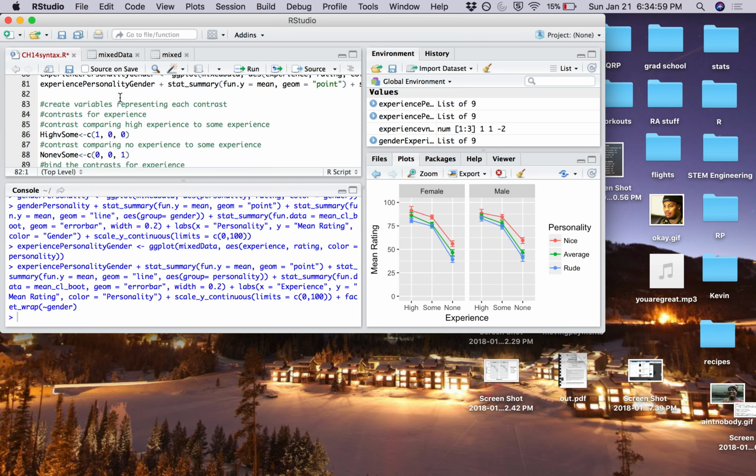So we're going to take our first variable of experience, and we're going to code the baseline group of some experience as 0 for the contrasts. And then for one of the contrasts, we will assign 1 to high and then 1 to none. So contrast 1 compares the high experience to some experience.